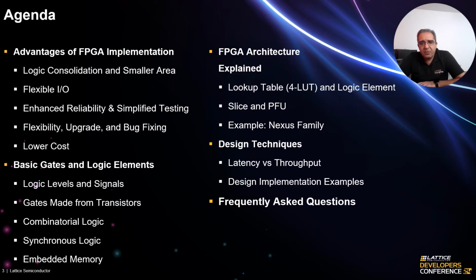And then we'll go to the FPGA architecture in more details and have an example, the Nexus family, trying to go through the architecture and the building blocks of this architecture. And the fourth section is design techniques. When you're doing a design, you have some trade-offs, let's say for latency versus throughput. So we're gonna go through some design techniques to maximize one or the other and making sure you're making the right decisions. And the last section is about frequently asked questions.